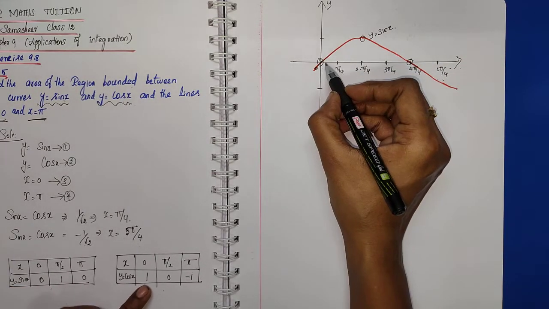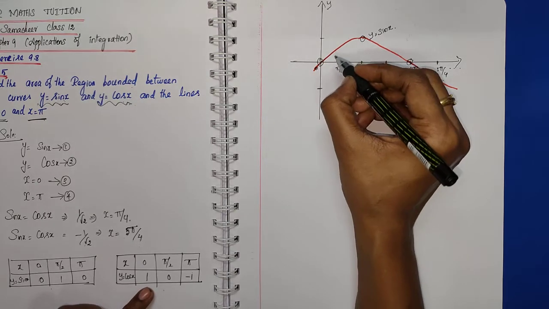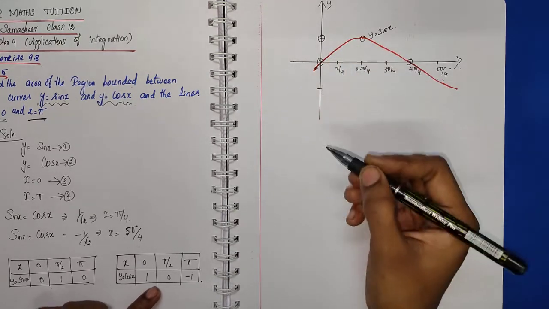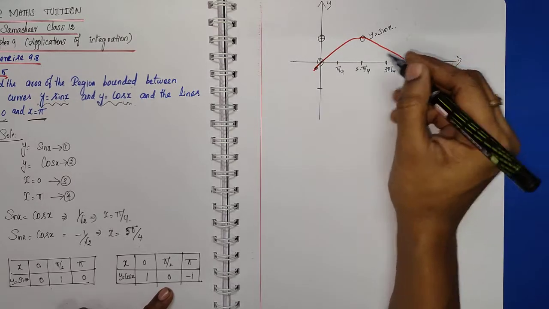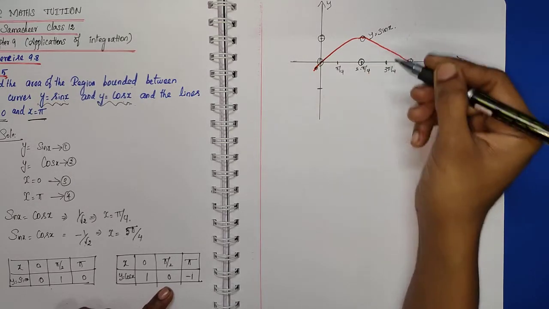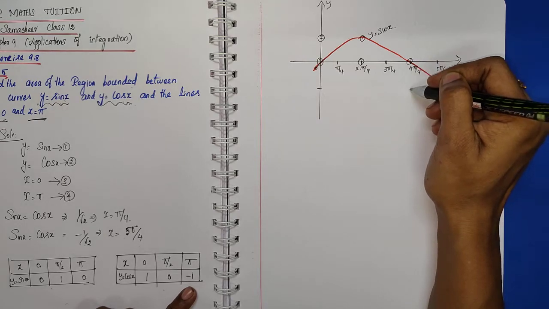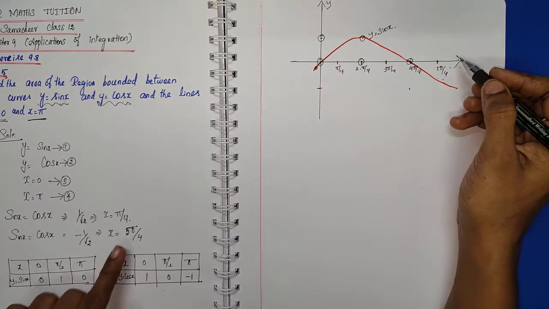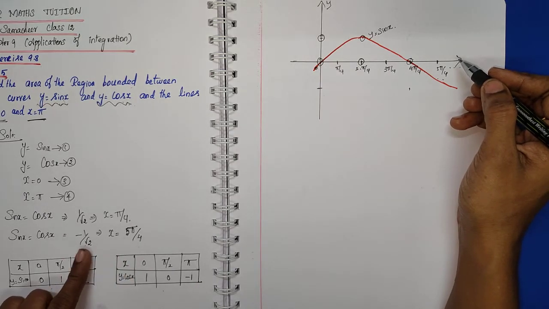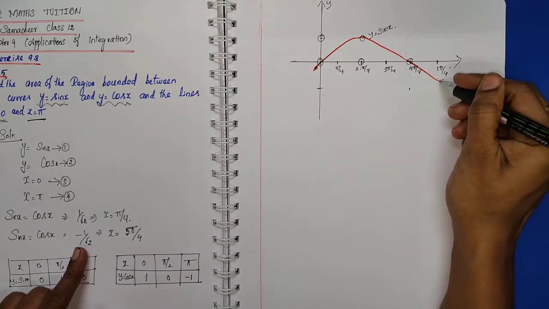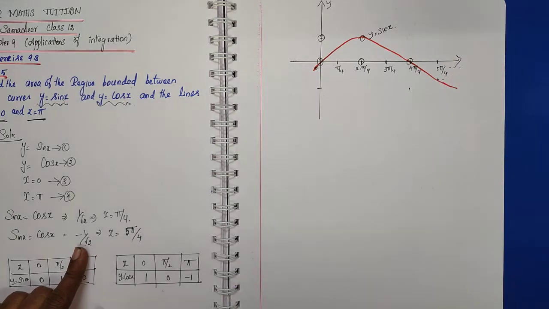When x is equal to 0, cos value is 1. This point, cos 90 is 0 and cos pi is minus 1. Minus 1. 5 times pi by 4, it is minus 1 by root 2. This point.